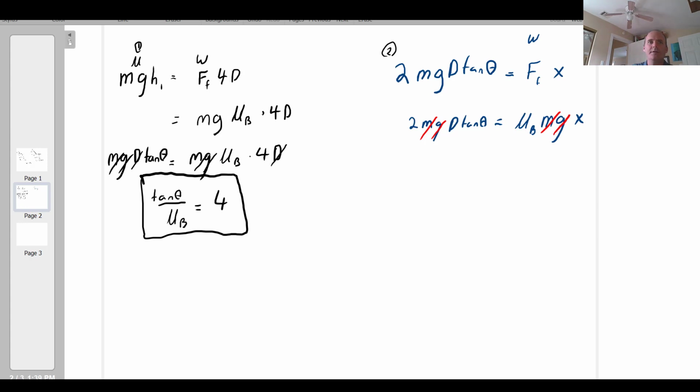Now let's isolate x on this side. So we have x equals 2D tangent theta over mu.